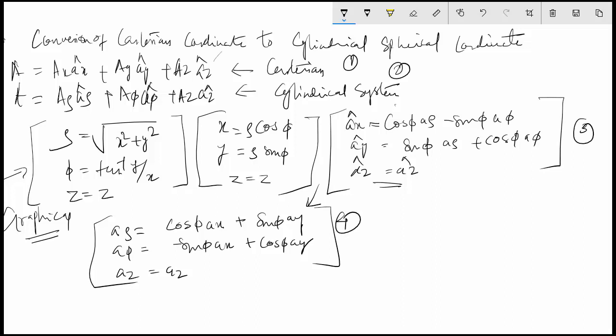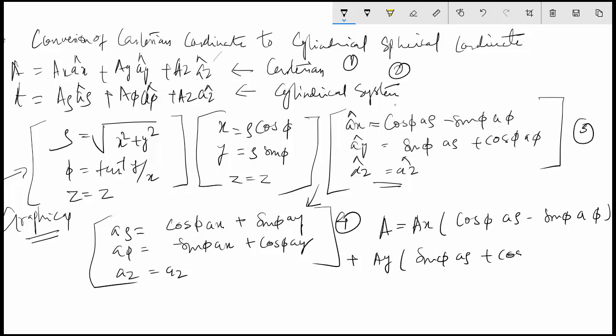So if I am substituting the value in the first set of equations, what I will get is A is equal to Ax into cos phi a rho minus sin phi a phi, plus Ay into sin phi a rho plus cos phi a phi, plus Az a_z.